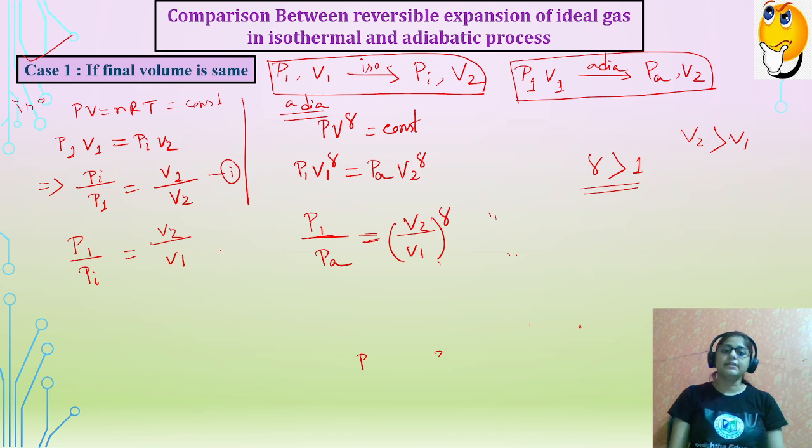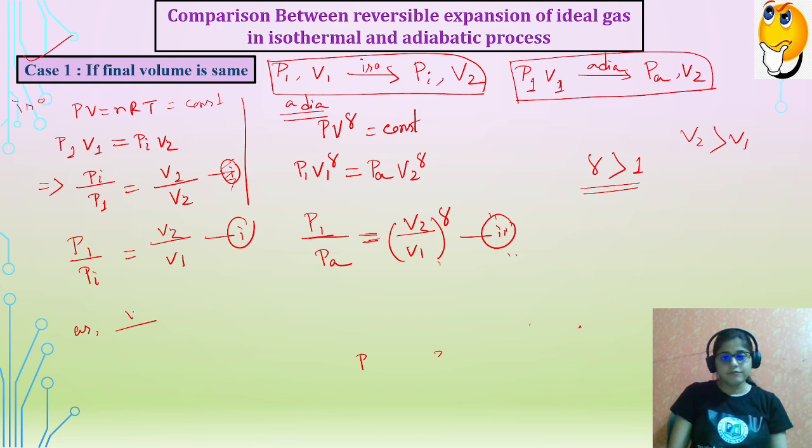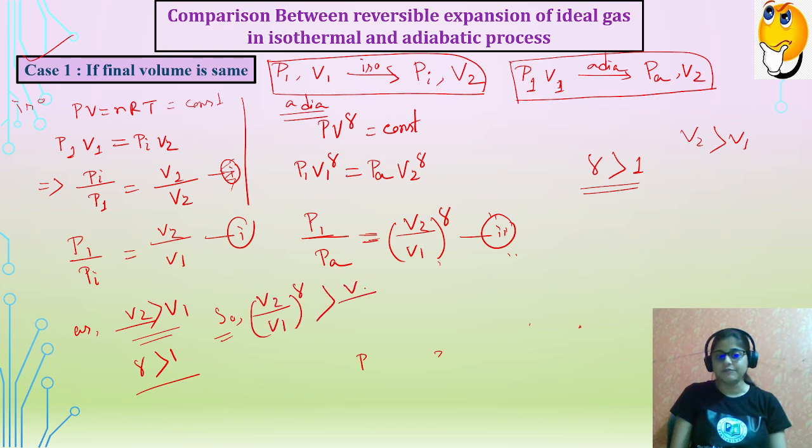When we compare this one, equation one, and this, equation two, we can say that as V2 is greater than V1 obviously and gamma is greater than 1, V2 by V1 to the power gamma is obviously greater than V2 by V1, right? So then from 1 and 2, what can we write?